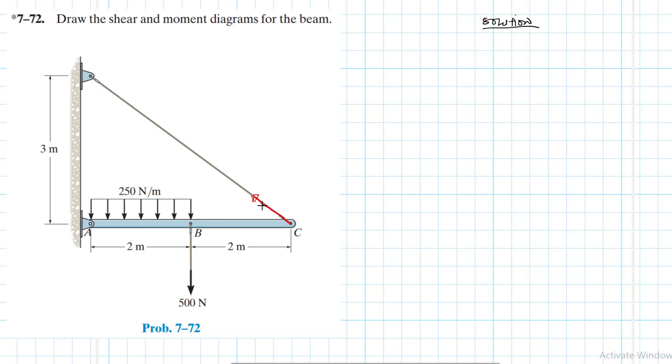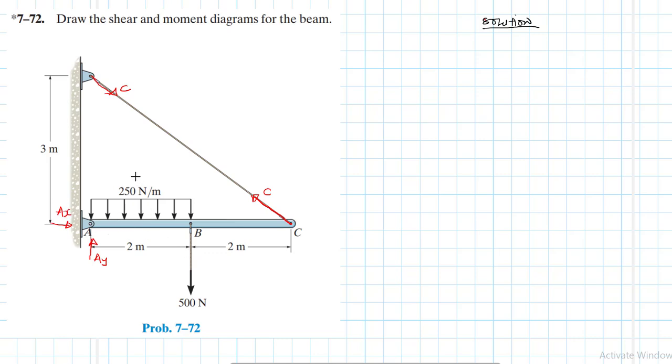We have a tension force there that I'm going to call C, and then I have a vertical reaction at the hinge A and a horizontal reaction Ax.